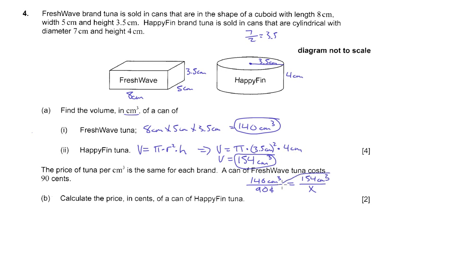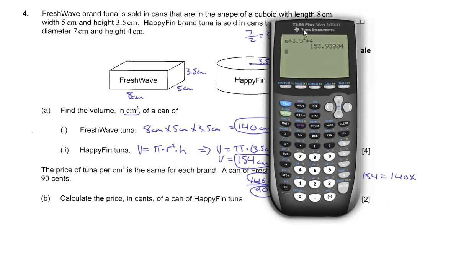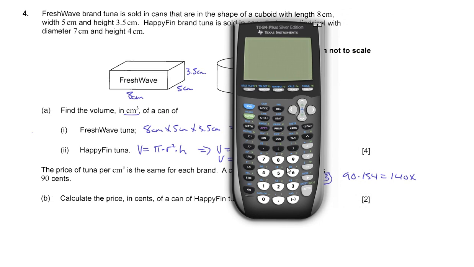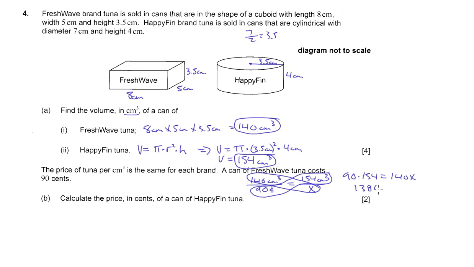So lots of different ways to do that. Remember, when you get two fractions equaling each other, let's just do cross products, which is probably the easiest way to do that. So we'll do 90 times 154 should equal x times 140, so 140x, right? So we bust out our calculator, and we've got 90 times 154 gives us 13,860 equals 140x.